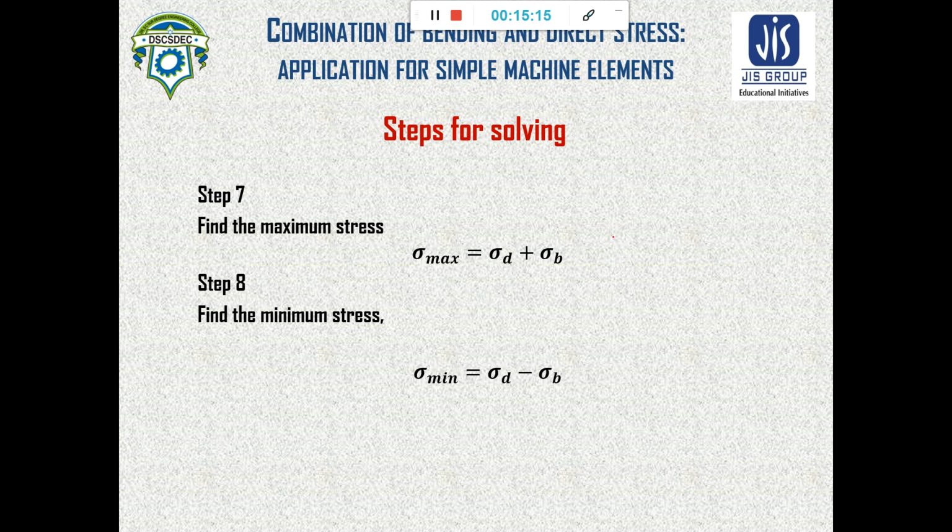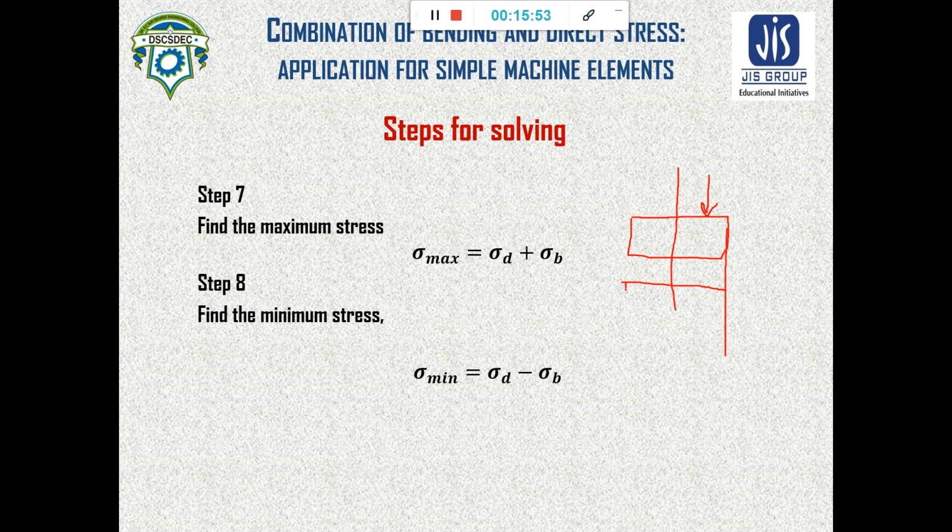And for the stress distribution diagram, just try to understand one thing. See, if this is your axis and this is the cross section, and you are saying that the load is acting here, that means on this side of the axis, the maximum stress will be on this side, and the minimum stress will be on the opposite side.